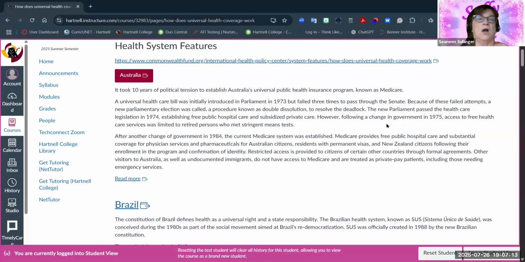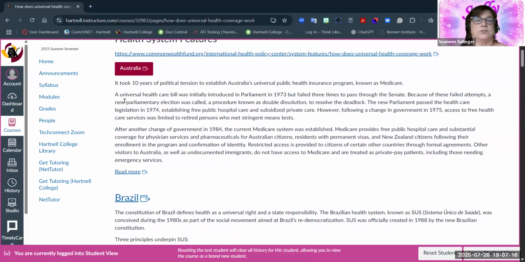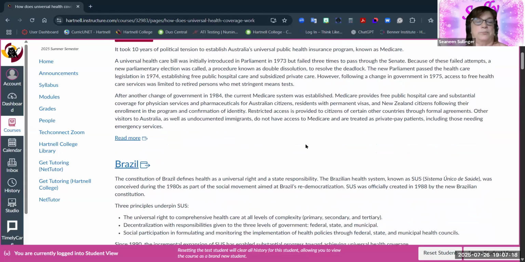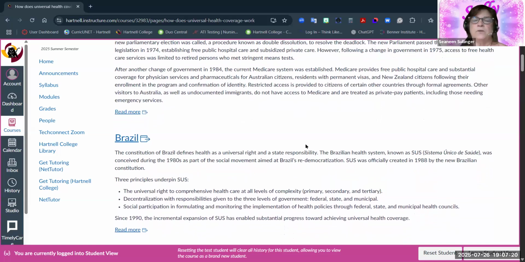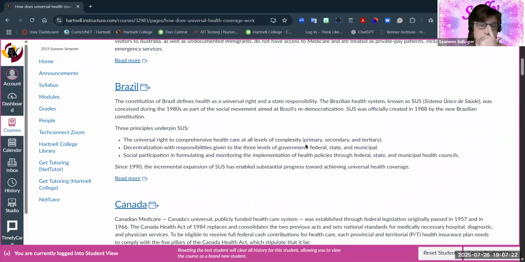What do they have? Talking about Australia, talking about Brazil, you all can read through there and see what all the differences are, but this might be helpful in your comparison worksheet that you have to do. You can use these references and do some research on your own.